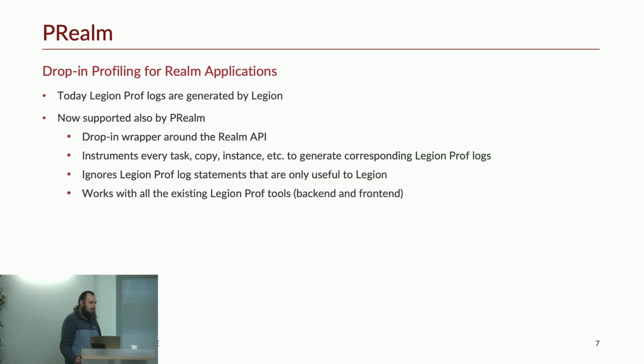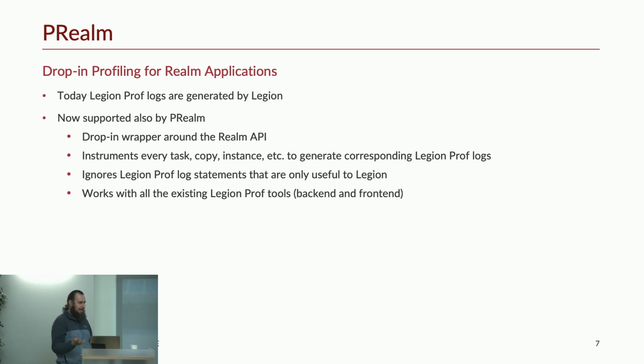There's also this new layer called p-realm. This is the profiling interface for Realm. If you have a pure Realm application today, Legion is responsible for generating the Legion prof logs. But it turns out the logs are, maybe not 100%, but 80 to 90% equivalent for Realm.